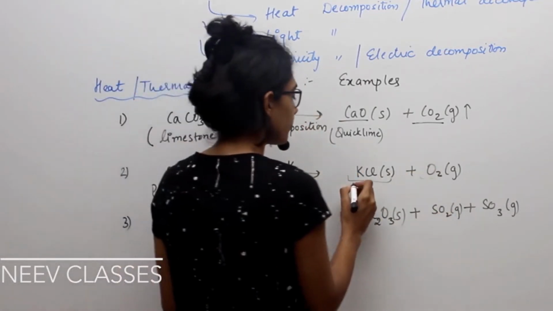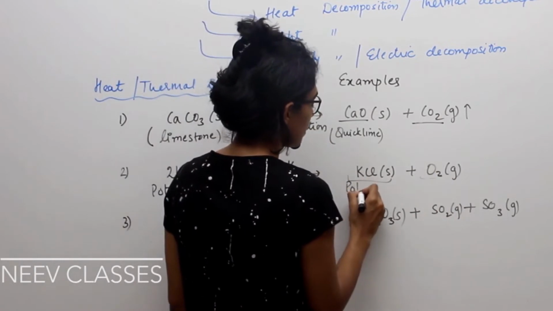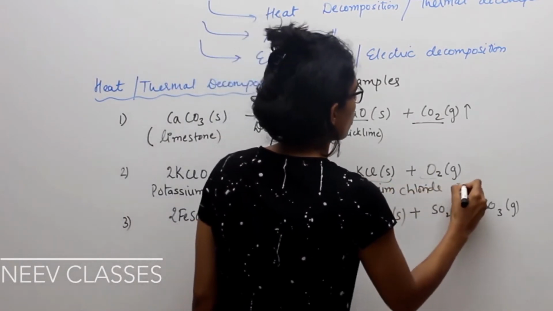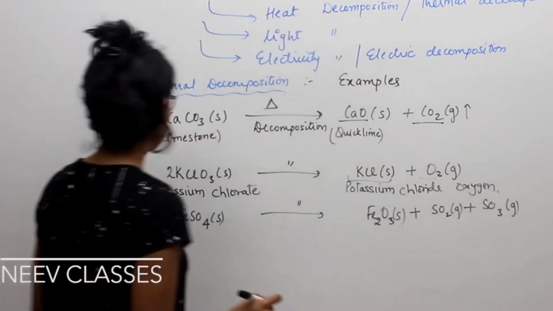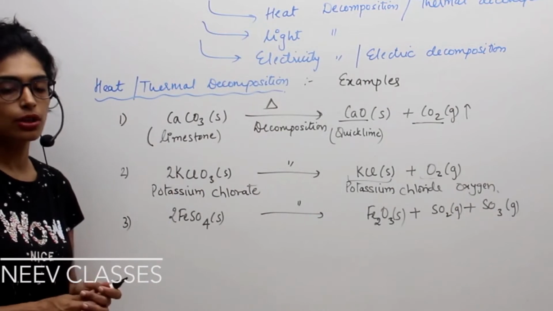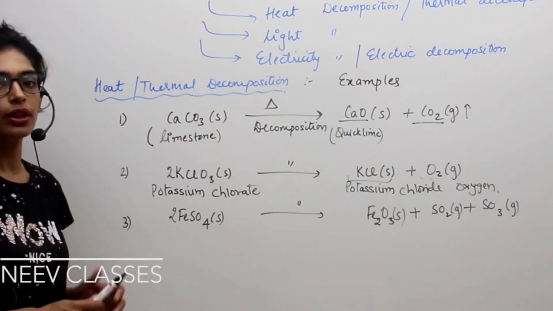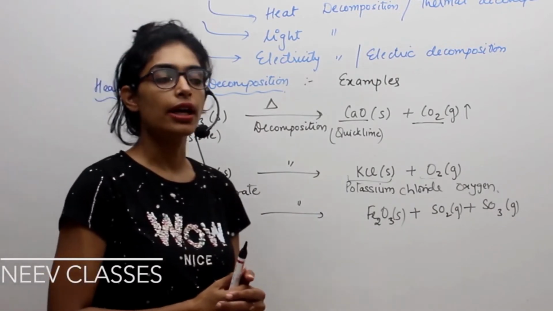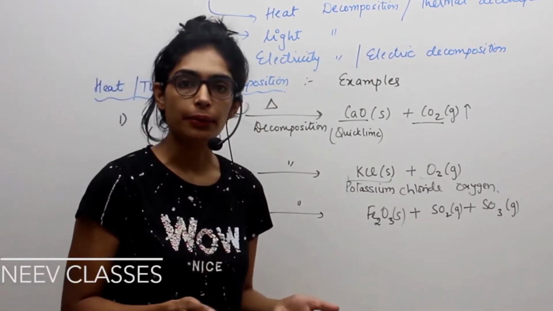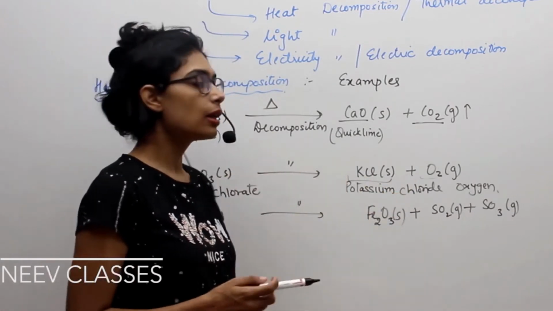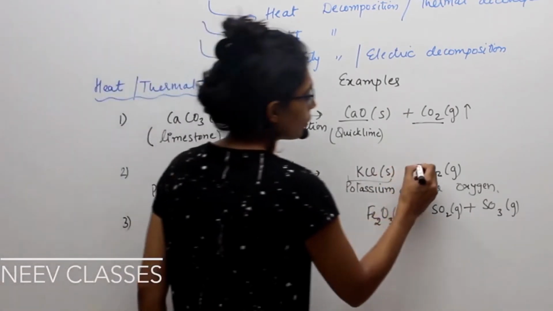KCl is your potassium chloride and O2 is your oxygen. I think I have not balanced the oxygen part of it. So whenever you're writing the reactions, make sure that you balance the reaction. Without balancing the reaction, as I have mentioned earlier, that reaction will be considered invalid. That reaction will be wrong no matter how right you have written the reactants and products. So here it will be 3 over here.